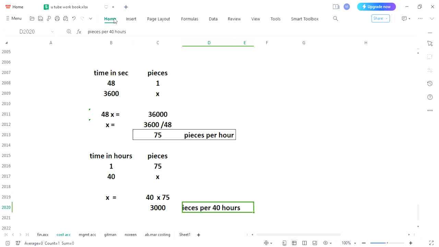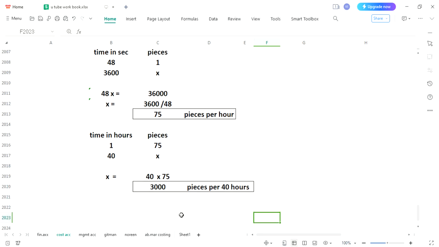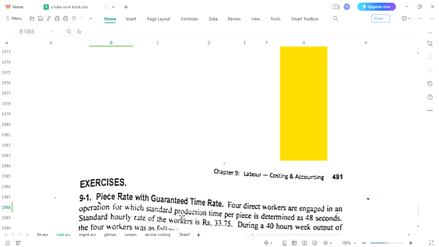Let's settle it because a few of the words were missing. So the result is 3000 pieces in 40 hours. This is the second conclusion we have made. First, in 1 hour 75 pieces are made. In 40 hours 3000 pieces are made. And now we will look for the next procedure, which is related to this 33.75.